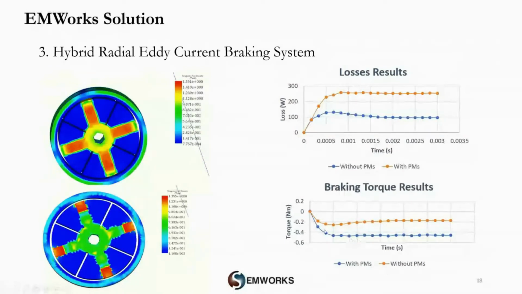So in this figure, the blue is with permanent magnets. So we have higher torque. And again, same observation: higher torque means higher losses.